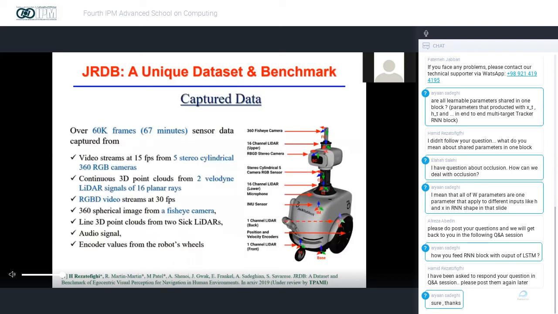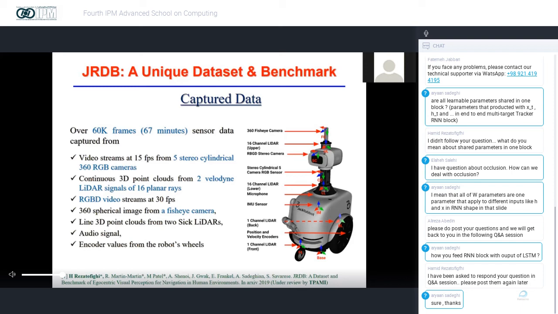The data we captured so far is over 60,000 frames, about 67 minutes of sensor data captured from different sensors. The robot is equipped with two LiDAR sensors, on the top and the bottom, to make a 360 LiDAR scan. It has five stereo cylindrical RGB cameras, and we can also create a stitched panoramic view of the entire scene.